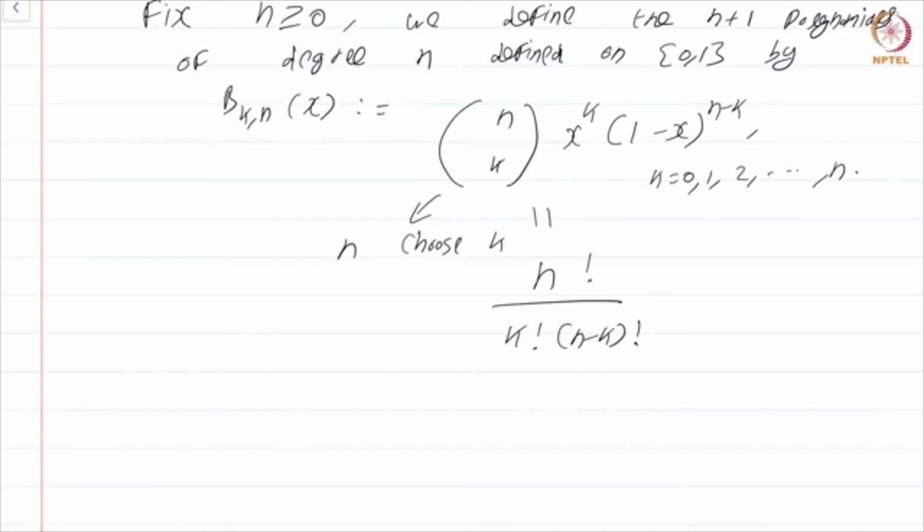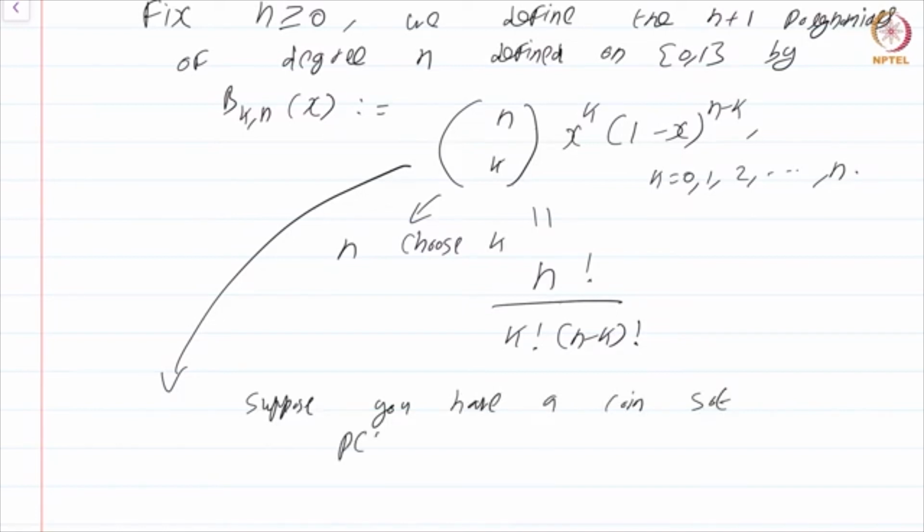Okay, so we have now defined these polynomials, but I have said defined on [0, 1]. Why do I say defined on [0, 1]? Because if you remember your basic probability, what this actually measures is the following. Suppose you have a coin such that probability of heads is x, and of course 0 is less than or equal to x is less than or equal to 1.